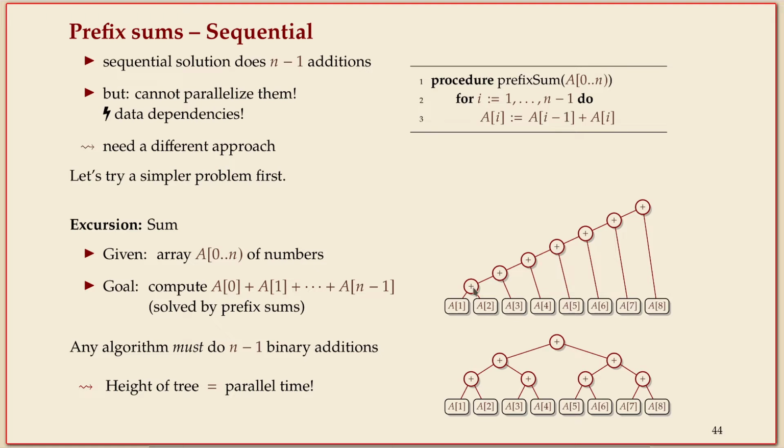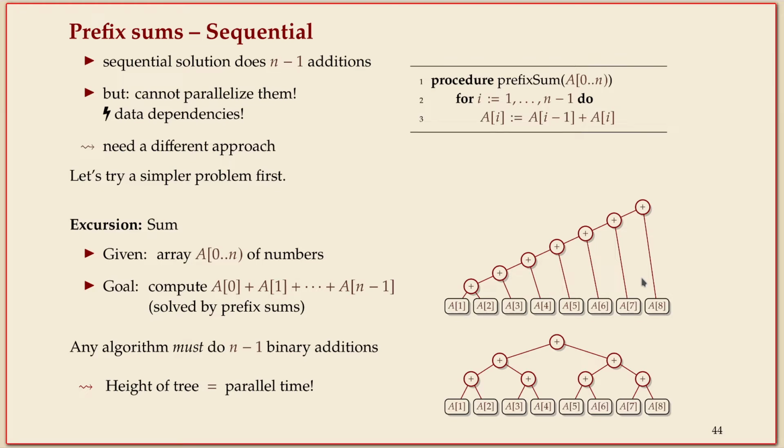So we have this long chain of dependencies just in the data, how we compute. And in this tree, it's better because the height of this tree is much smaller. In the small example, not as dramatic, but of course you're experts now. Complete binary tree, log n height, or log n rounded up, whereas the other one has linear height. So that's a huge difference if n is big.